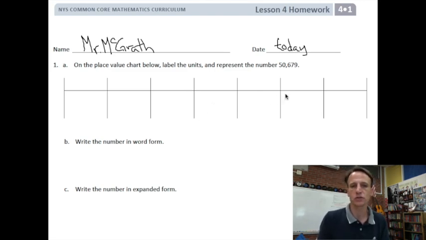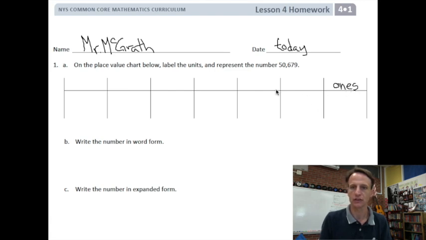On the place value chart below, label the units and represent the number. And I'm just going to read the digits as if I were writing it. 50,679. Okay, so labeling the place value chart. Labeling the units means label each place.